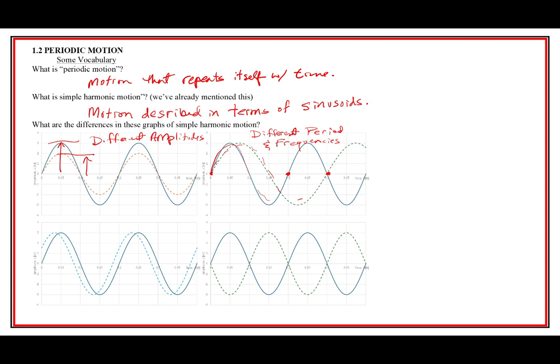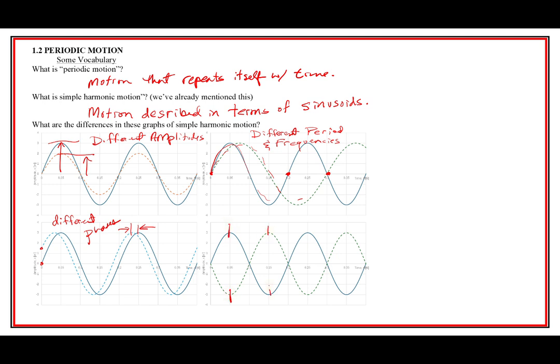Here's one where you can see the starting point is different. So right here, these are the same frequencies with the same amplitudes, but they're different phases. They don't have the same phase. And over here, though, you can see that they're 100% out right here.